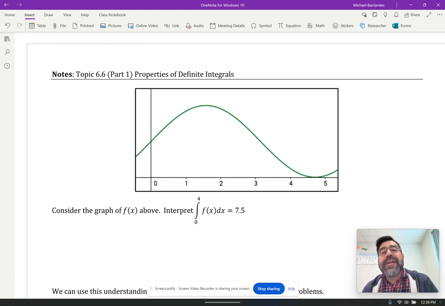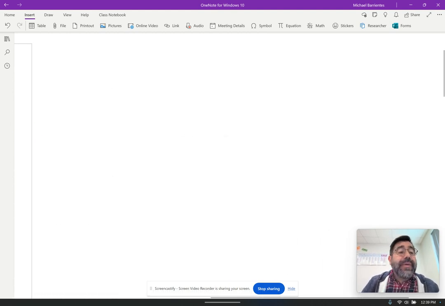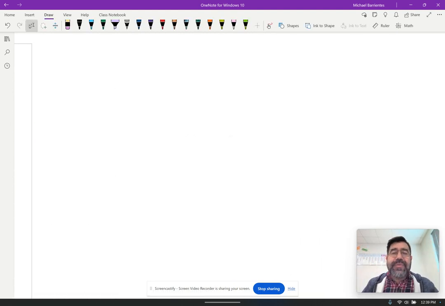Just like the derivative, there's a way to find the exact derivative value, and then there are ways to approximate it. What I need you to remember is to keep the conceptual understanding of these two big ideas.